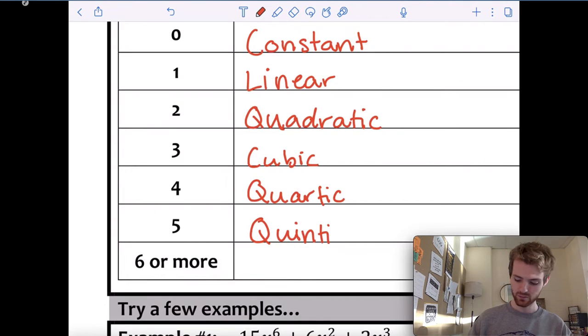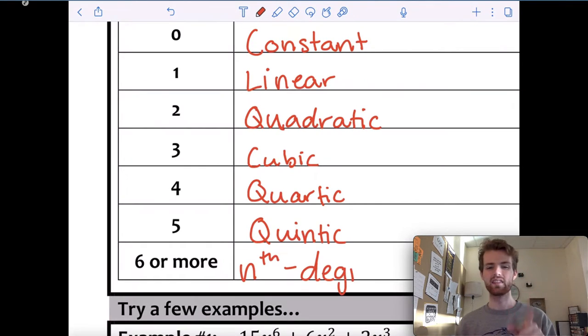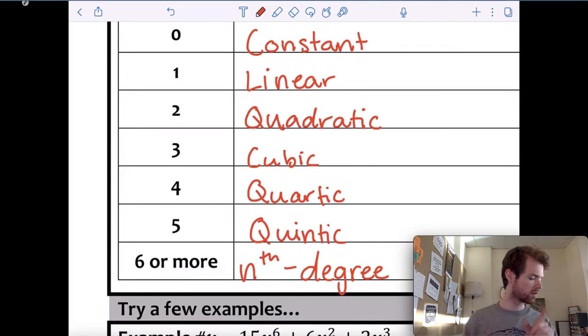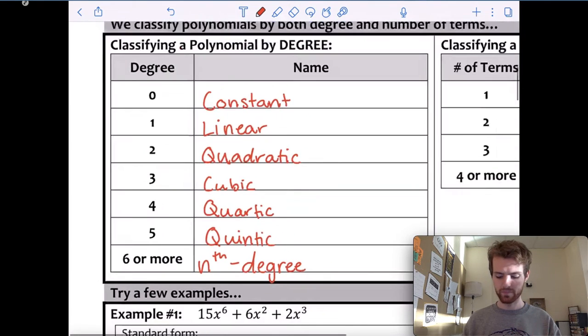And then 6 or more, we say nth degree. That does show up in one of the examples, so I'll talk to you about that one a bit more.